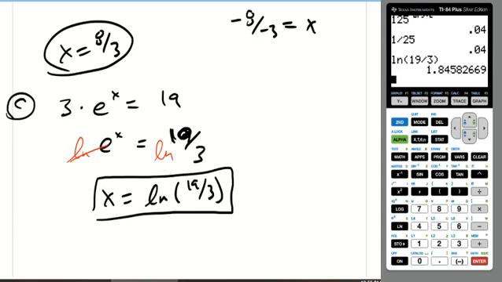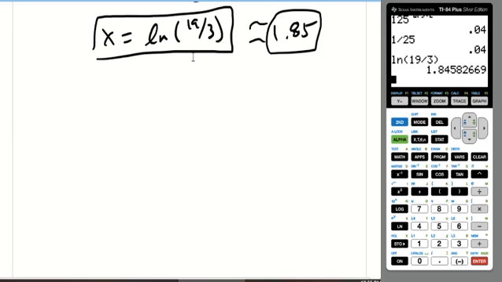What's part D? ln of x squared minus 4 equals ln of 5. Okay, so the base of ln is e.